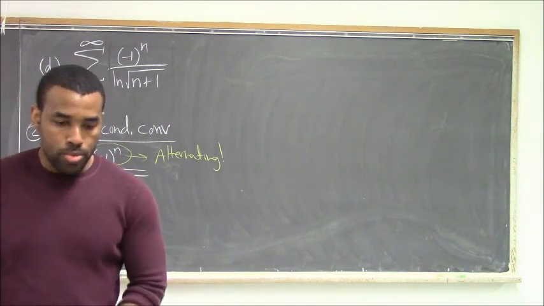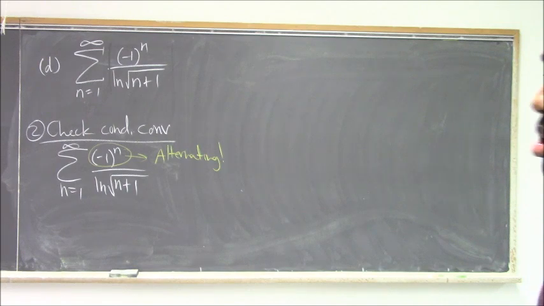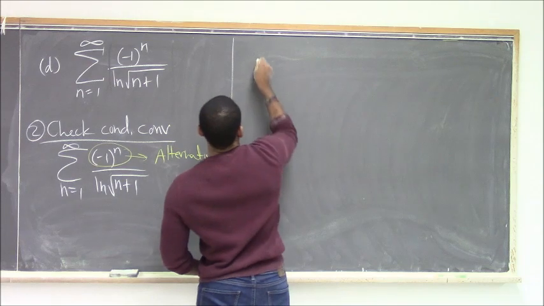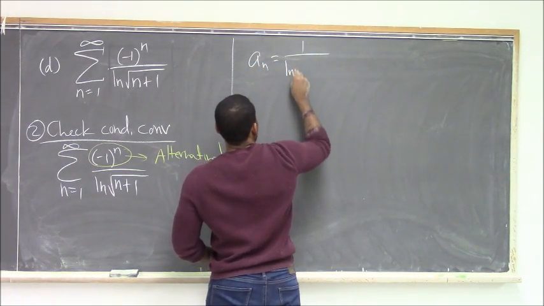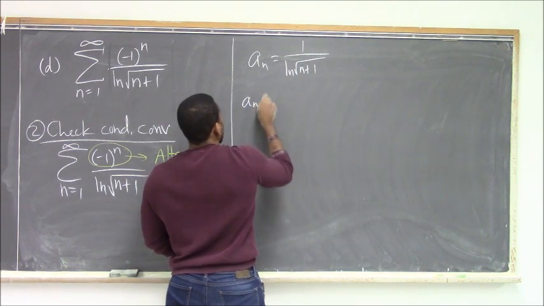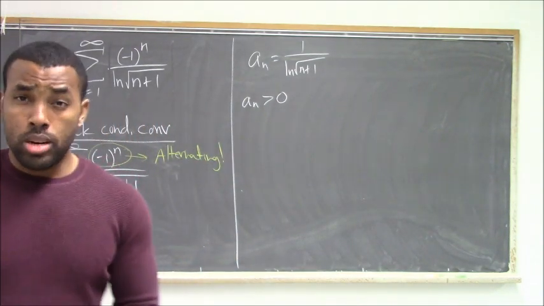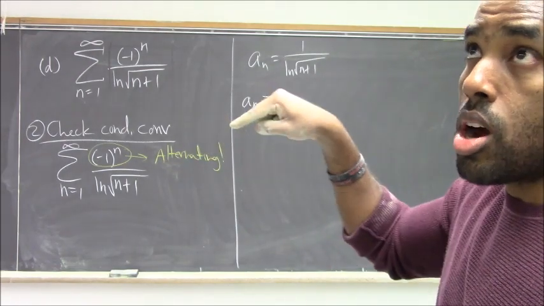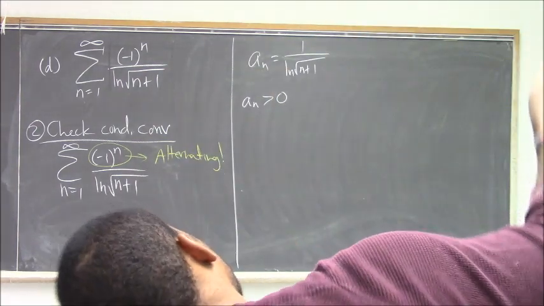So if you want to check conditional convergence here, I think the obvious choice is the alternating series test. So if I set an equals 1 over ln of the radical n plus 1, notice that an is always positive, right? Because the log of 1 is 0, and once you're taking the log of something larger than 1, it's going to be positive because the log graph goes up like that.